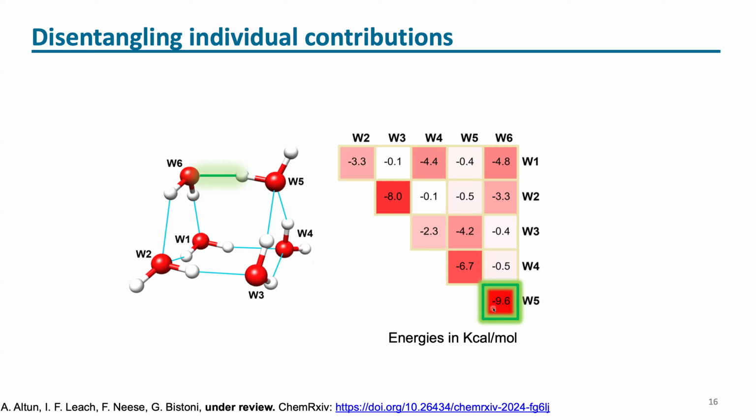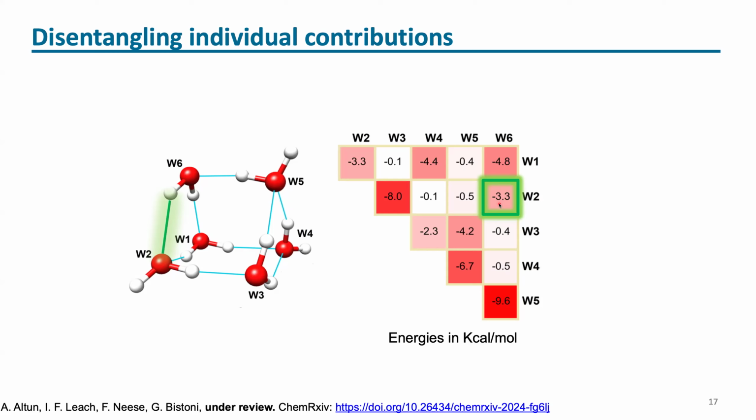This is roughly twice the interaction for the isolated water dimer, and this difference originates from cooperativity of different non-covalent interactions within the water cluster that we can really quantify here for the first time. In contrast, if you look at the interaction between water 6 and water 2, you see that this is just -3.3 kcal/mol, meaning that in this case the interaction is weaker than in the isolated water dimer, and this effect originates from geometric perturbation effects.